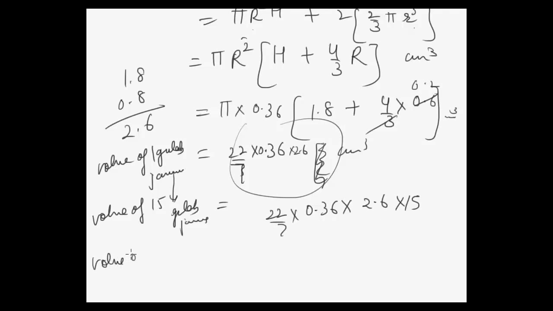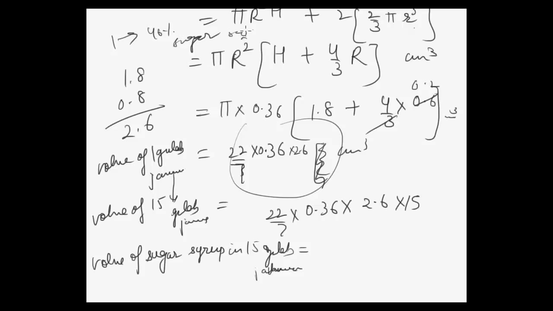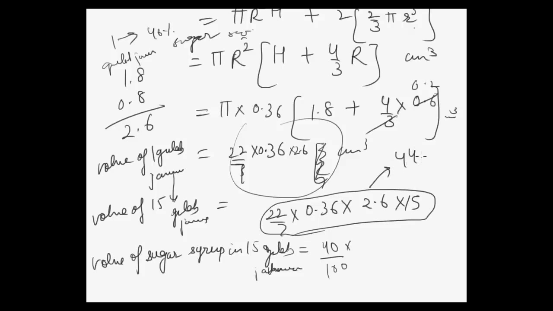Whereas volume of sugar syrup in 15 gulab jamuns will be 40% of this value, because in one gulab jamun we have 40% of sugar syrup. So 40% is 40 by 100 into this value. This value on calculation, friends, is 44.12.